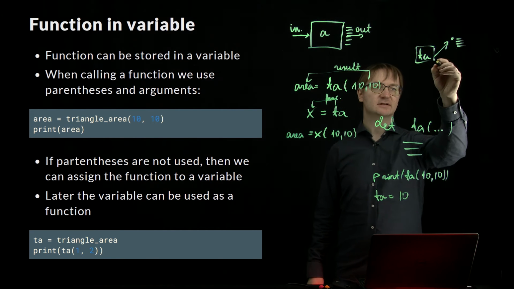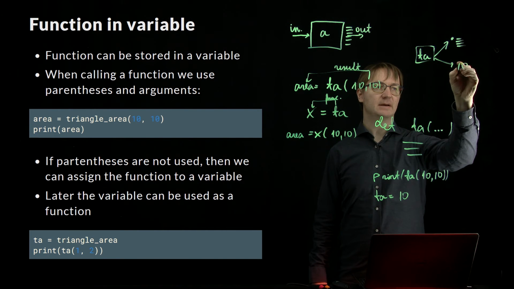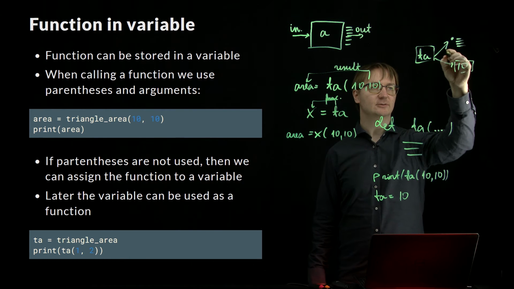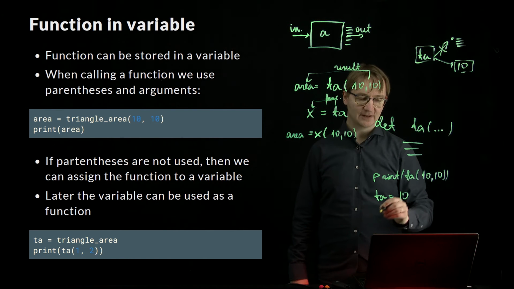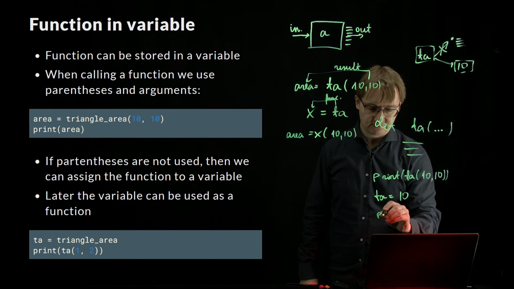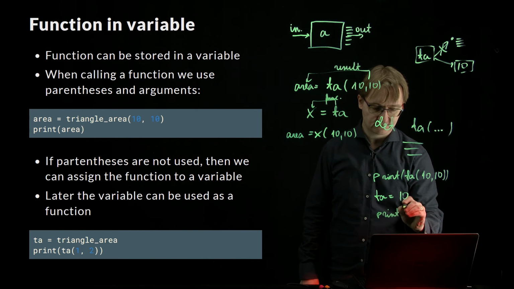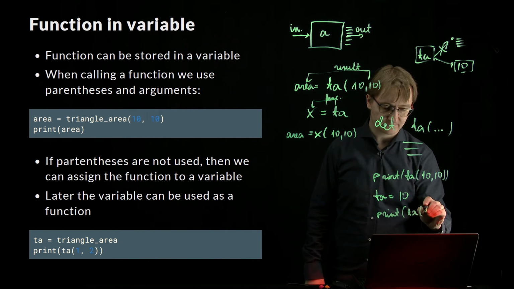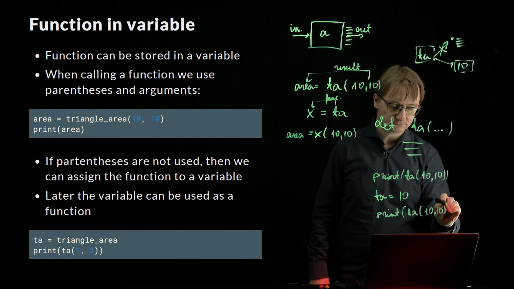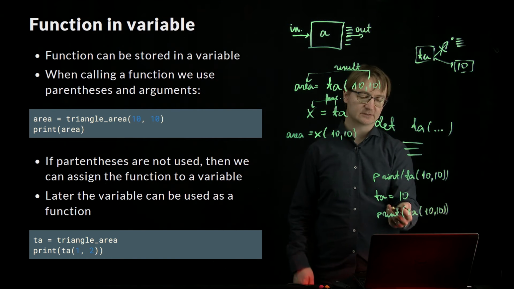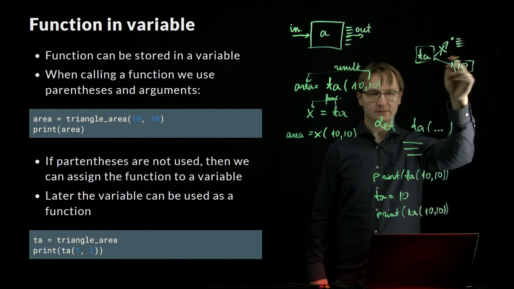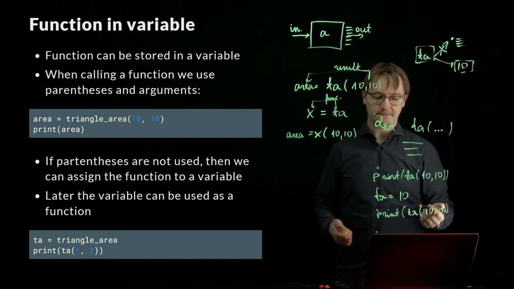Now dA points to the memory where there is only 10. And now if I print dA of 10, I will get an error here because I cannot call an integer or a number.